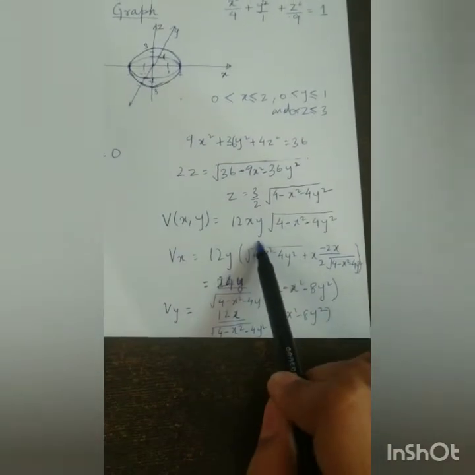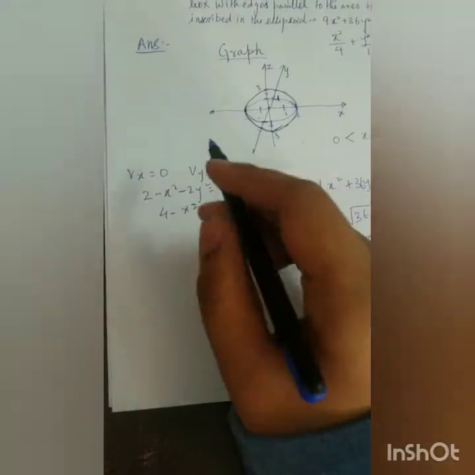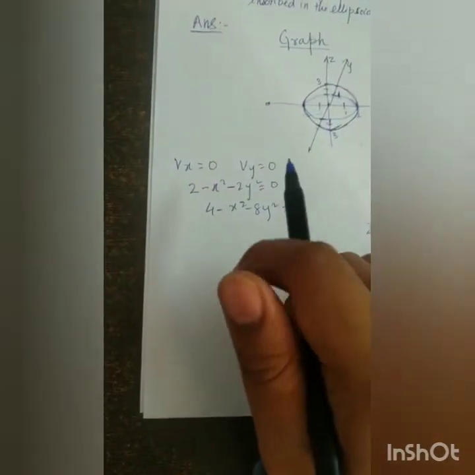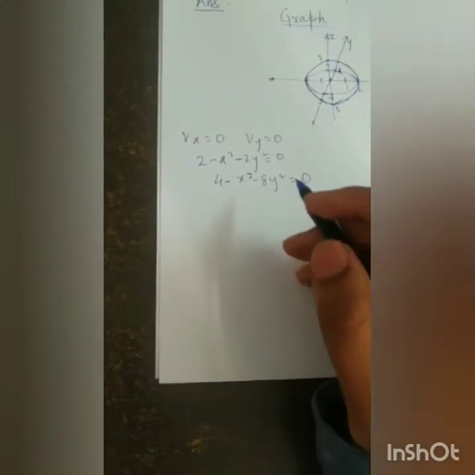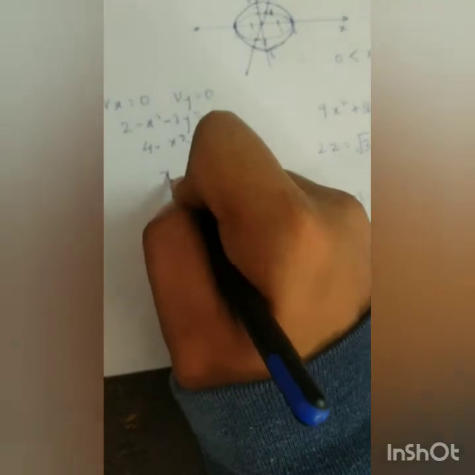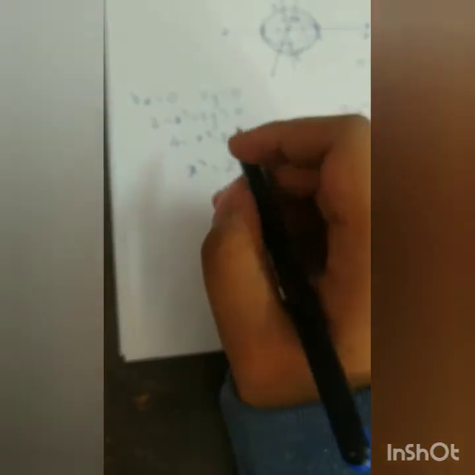So this is the volume with respect to x and this is the volume with respect to y, and further solving we get these two equations and we are going to solve both of them, and therefore we would get the equation x² = 2 - 2y².